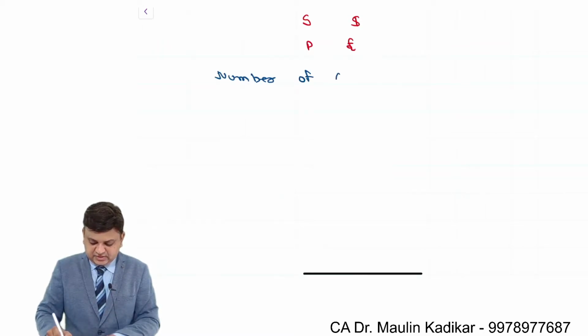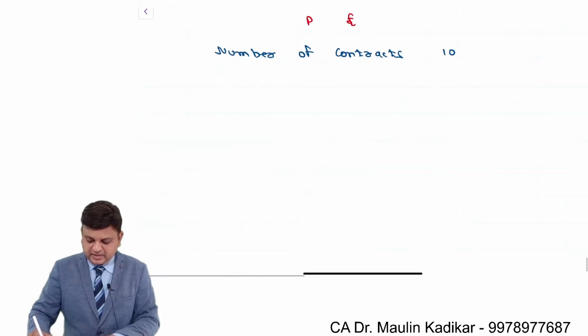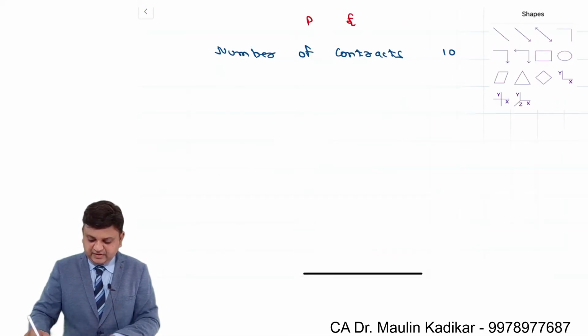Number of contracts 10, that is 6,50,000 divided by 62,500.